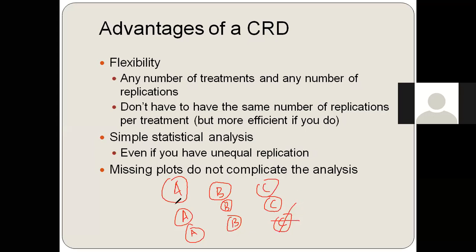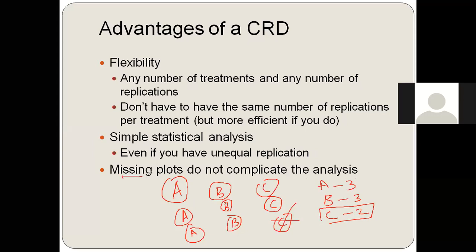Initially, I took all with the same number of replicates. Now I have 3 replicates for A, 3 replicates for B, and for C we have only 2 replicates.